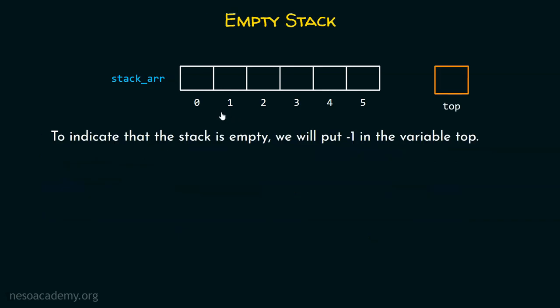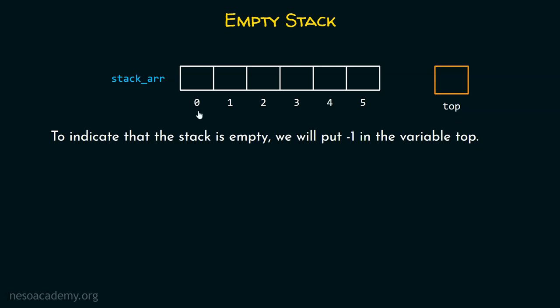Let's move on. In order to indicate that the stack is empty, we will put -1 in the variable top. You can see that currently the stack is empty. There is no element in the stack. That is why we are storing -1 in the variable top. We want to store some value which is not a valid index, which simply indicates that the stack is empty.